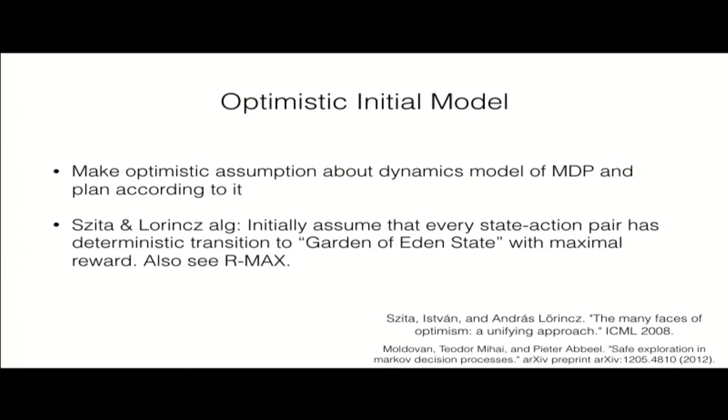Over time, because you take the state action pair and you don't end up in the Garden of Eden state, the probability of that transition gets driven down to 0, and you start taking the actions that actually have the highest returns. This is called the optimistic initial model idea.